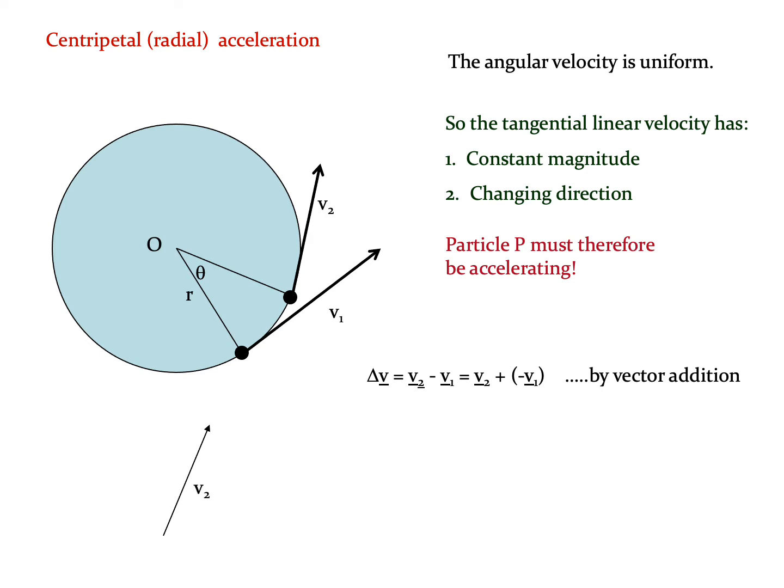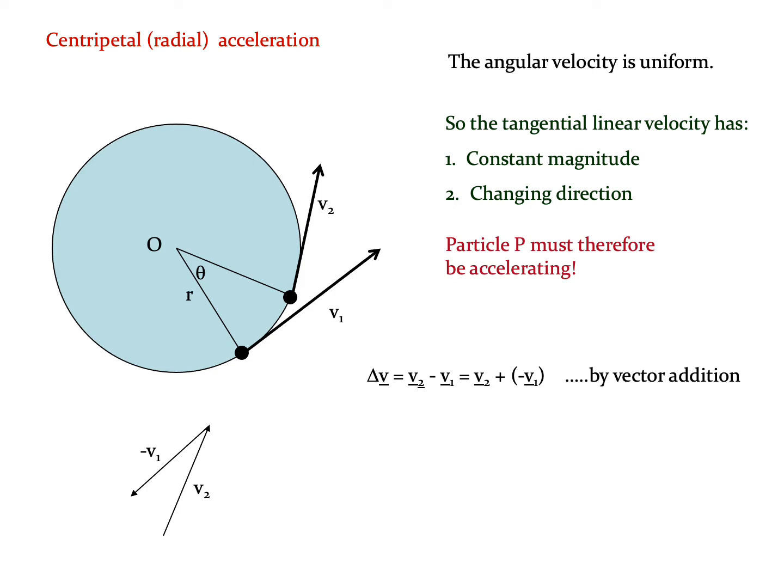Well, there's v2. Have a look at it. It's the same vector as the v2 shown in the circle diagram. It must be because it has the same direction and the same magnitude, so it's the same vector. Now look at what we've done. I've added tip to tail to v2 minus v1.